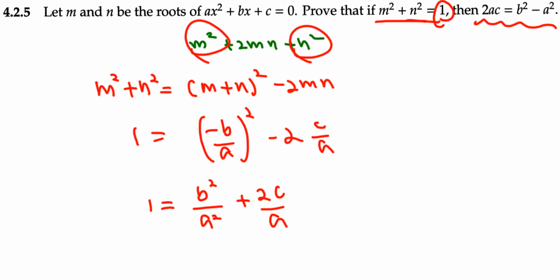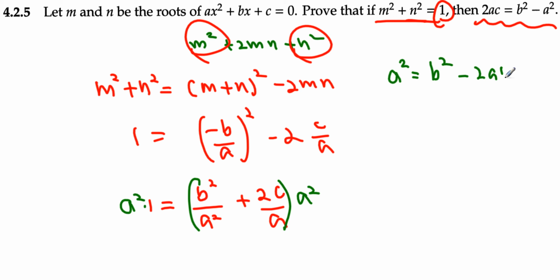So one thing we can do here is multiply everything by a squared. By doing that, we wouldn't have any fractions, and then hopefully it will be closer to what we need to prove. Then on the left side, we get a squared is equal to b squared, by distributing a squared to both terms, and then minus 2ac.